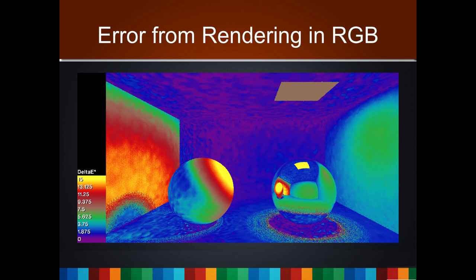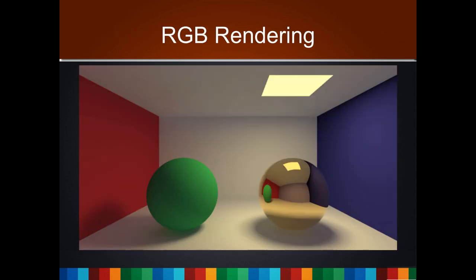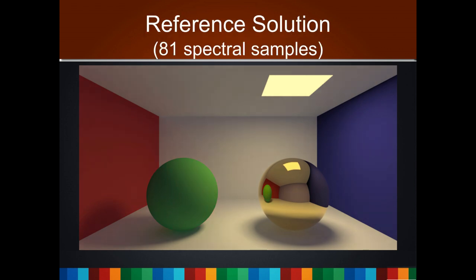So there's a lot of areas that are above 5. Green is 5, so this whole wall has got visible stuff going on. This is kind of right on the border on this wall. But the lighting here is bad, so it's not going to be as easy to show this. If we compare the 81 spectral rendering to the RGB, what we mostly notice, it said green, this ball was really bad.